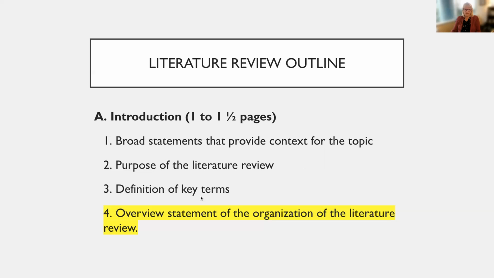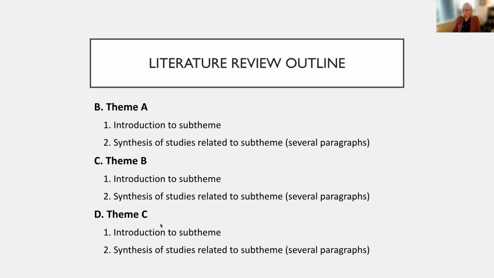Pretty straightforward. If there are any key terms that need to be identified, you mention that next. And then you would add your overview statement. This is like a thesis, but it helps to also include a blueprint or a preview of what your themes are going to be. I'll show you more about that in a moment.